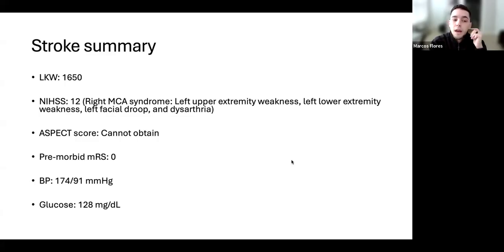The other thing with NIH numbers is that a lower NIH number doesn't mean it's less severe for the patient. What it means is the probability of them recovering.